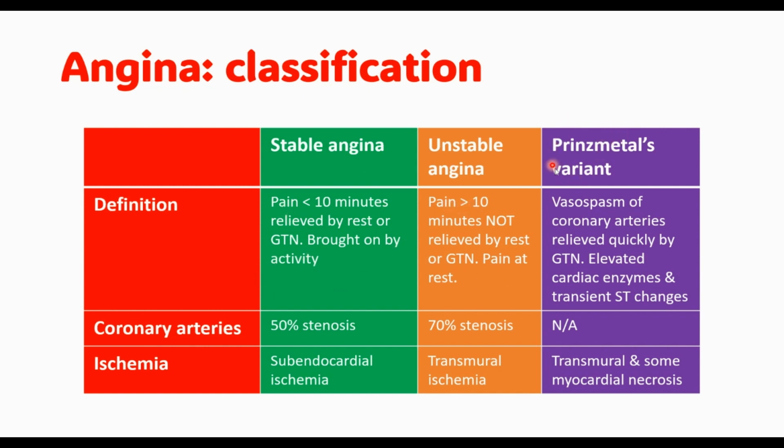And then Prinzmetal's variant is due to vasospasm of the coronary arteries, and this is quickly relieved by GTN spray.